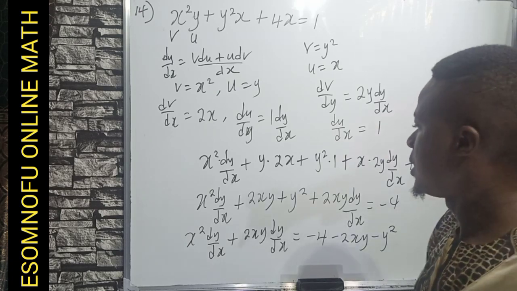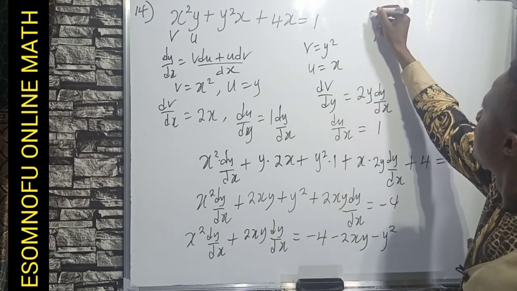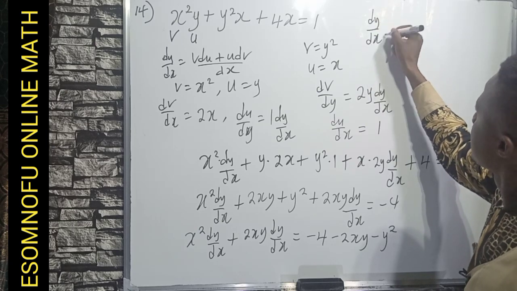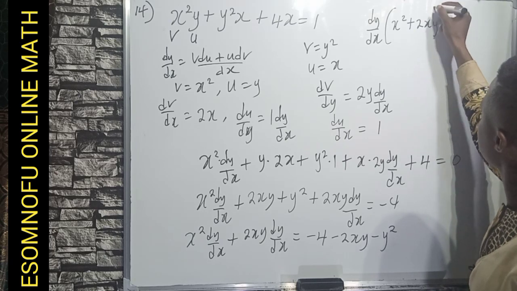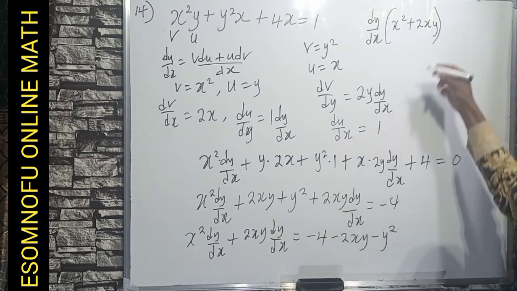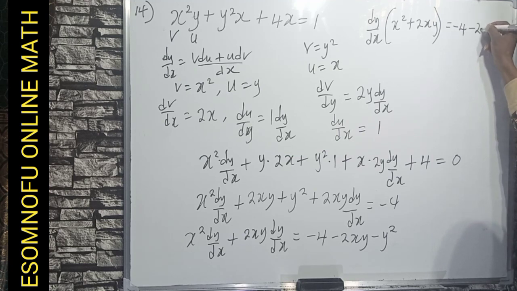Then at the end of the day, we see that dy/dx is common here. You can factor it out, so you shall have dy over dx into x squared plus 2xy, that is what you're having here, equals -4 minus 2xy minus y squared.